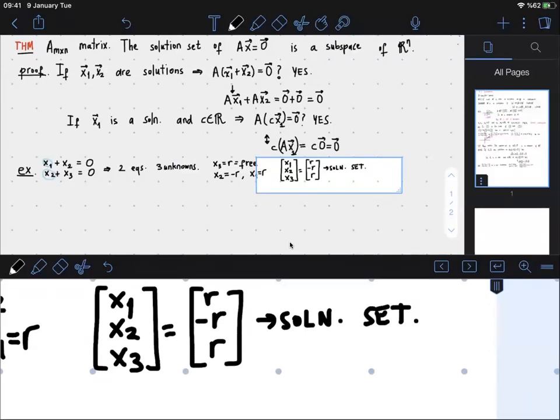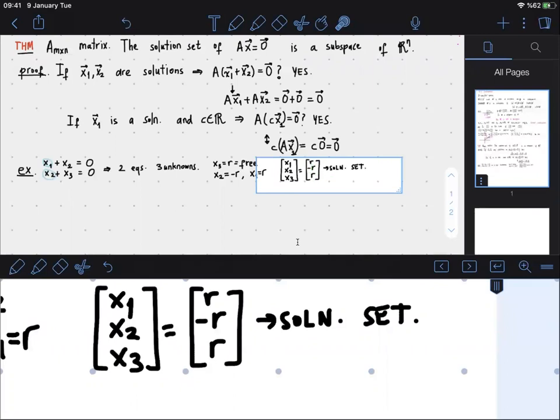Okay, so this is also a subspace, guys. By the above theorem, this is also a subspace. Why? Because if I take two such vectors and add them, the result will still be a vector of this form. For example, if I add (1, -1, 1) and (2, -2, 2), the result will be (3, -3, 3).